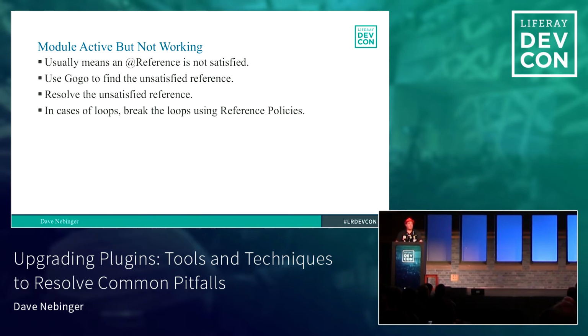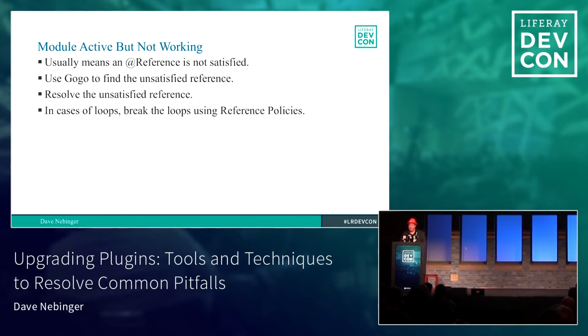But if you go and try to place the portlet on the page, it's not going to be there. So like, what the heck? I mean, you've deployed it, but it's not available. The problem is there are unresolved or unsatisfied references. So the issue is that the reference that has to be injected is not available, so OSGi is not going to actually start your components.